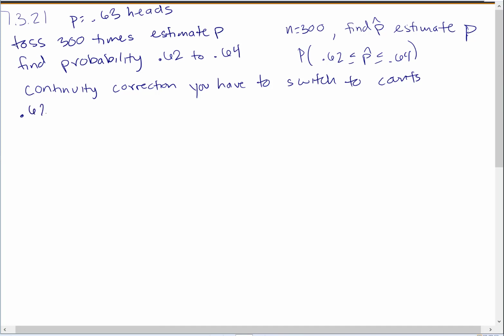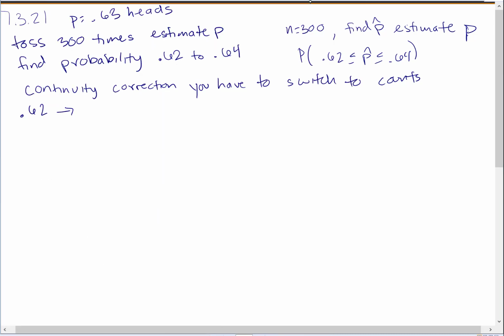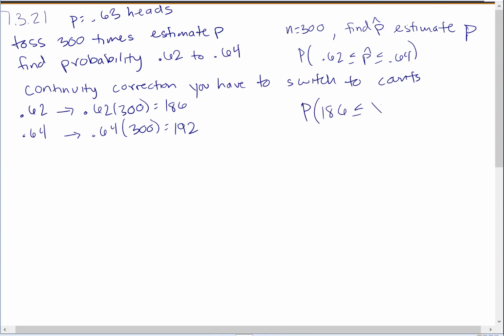If he gets 62% heads, that would be 0.62 times his 300, which gives me 186. And 0.64, switching that to a count, would be 0.64 times 300, which equals 192. So really now, instead of proportions, we're finding what's the probability that he gets between 186 and 192 heads. So this is now our count. We're looking for that probability.